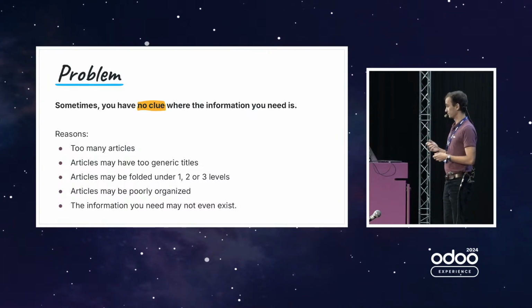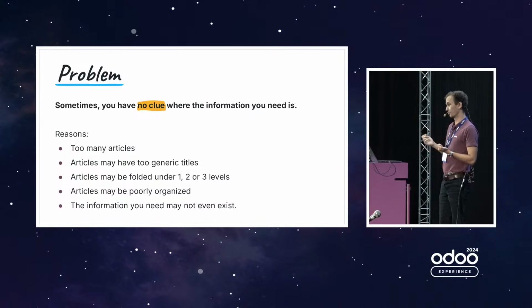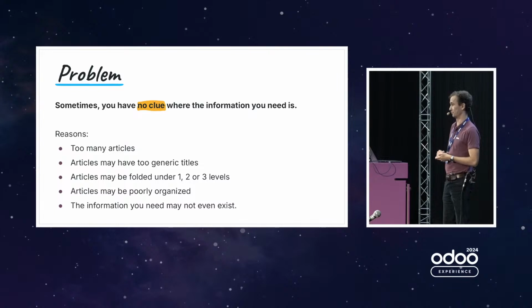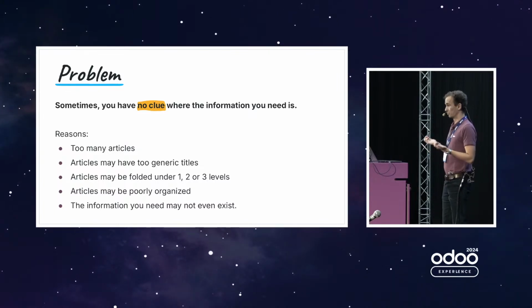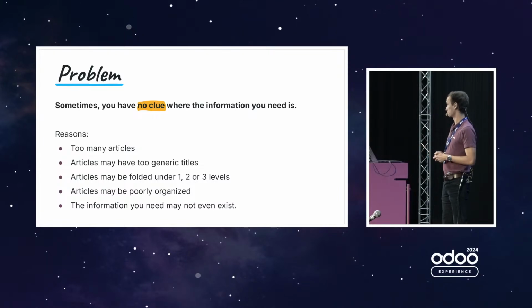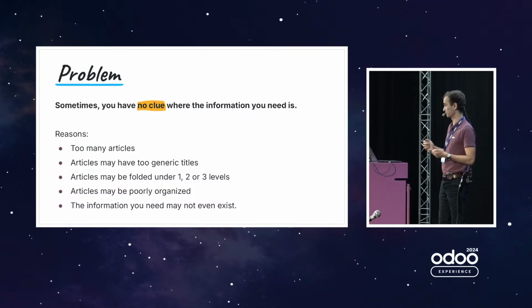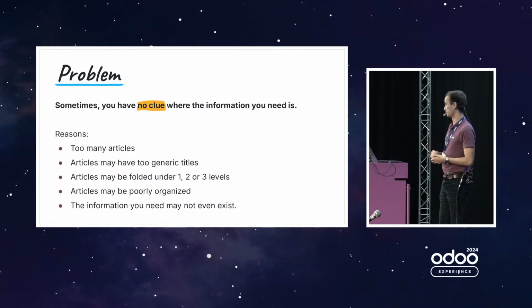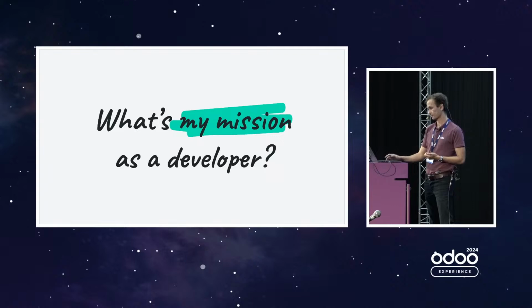Sometimes the articles may be poorly organized, so your colleagues move your article around and then you don't find it anymore. And there's another problem: the information you need may not even exist in the documentation. So you waste a lot of time in Knowledge reading a bunch of articles and hoping to find what you want.